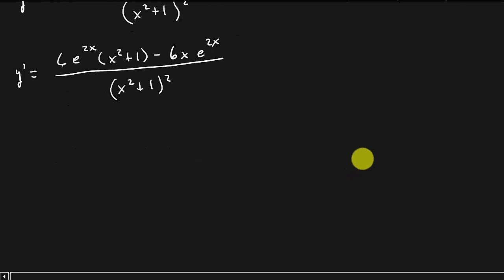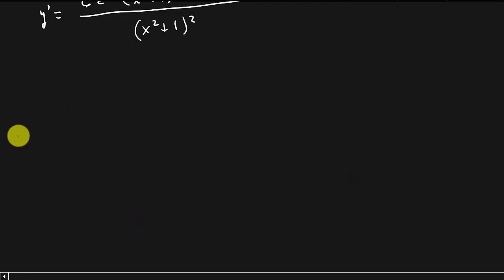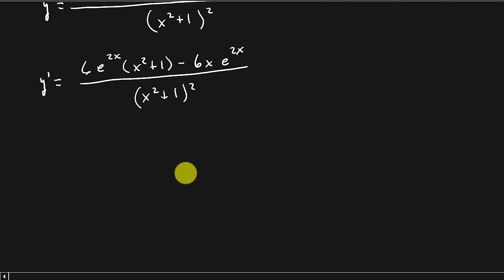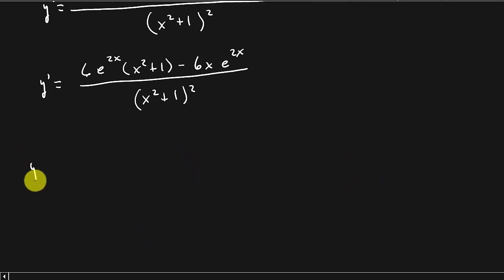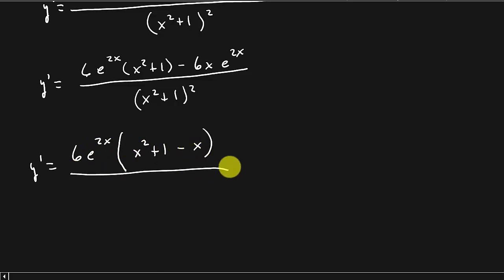All right, so let's look at this. So we've got y prime is 6e to the 2x times x squared plus 1 minus x. All right, so what did I do there? Well, I have a common factor of 6e to the 2x.